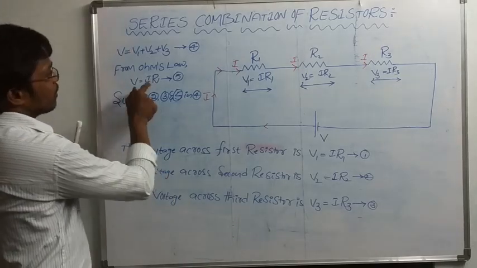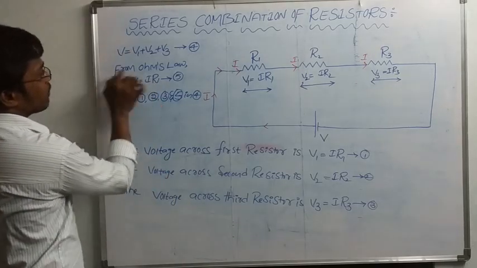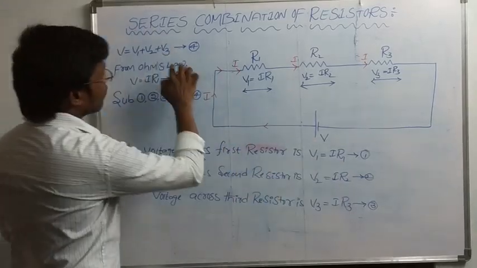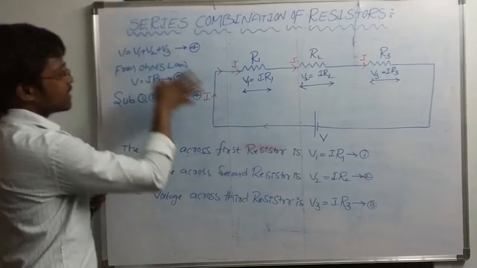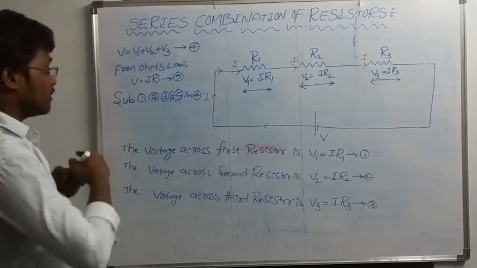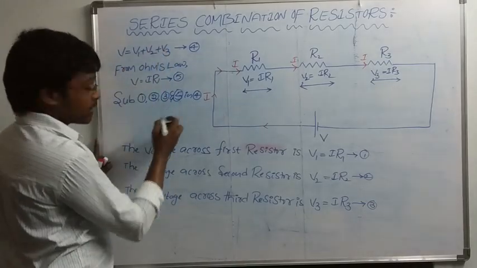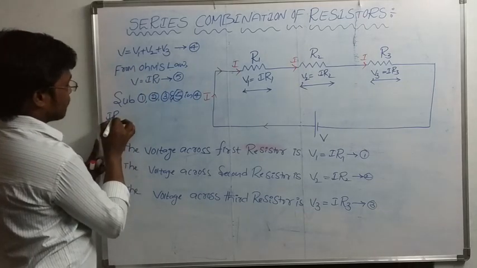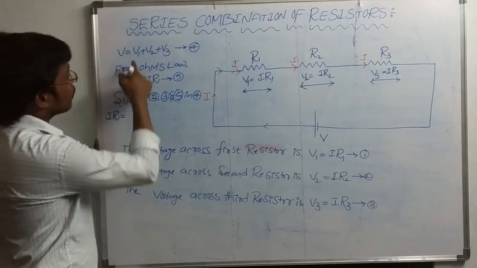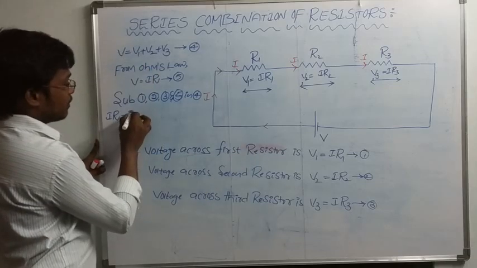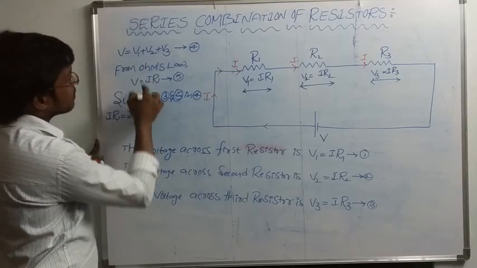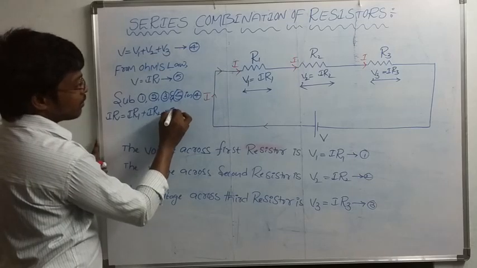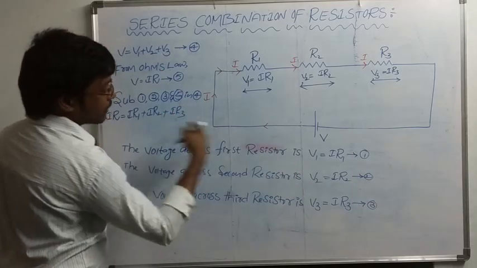See here, V value IR, V1 value IR1, V2 value IR2, V3 value IR3. Just a substitution. So V is equal to IR, correct? So V value IR is equal to V1 value IR1 plus V2 value IR2 plus V3 value IR3.